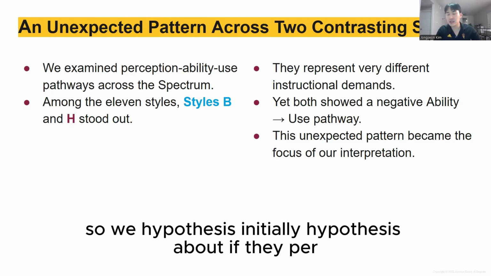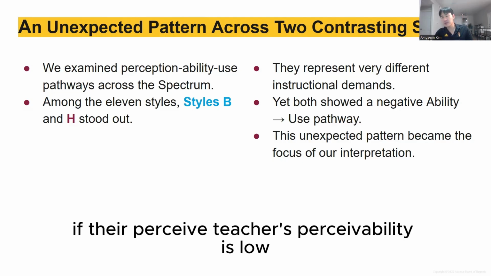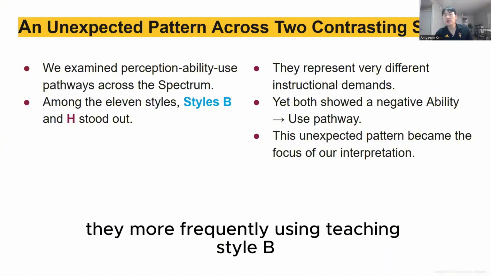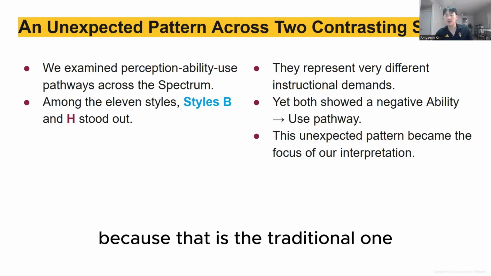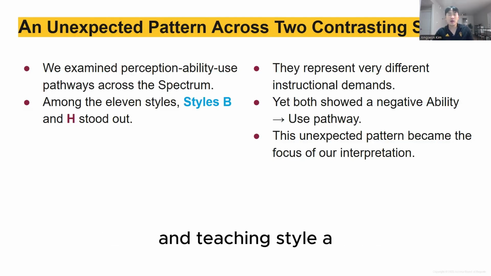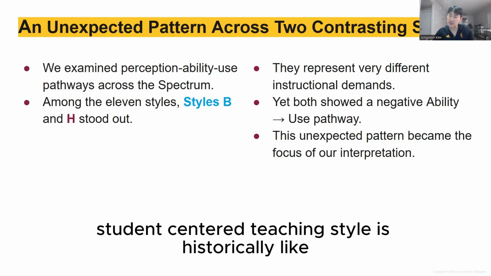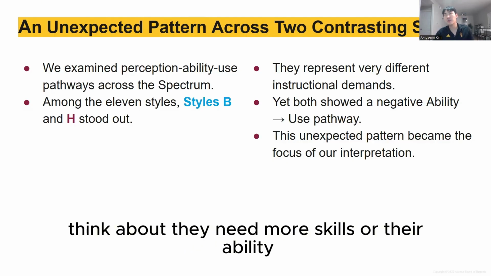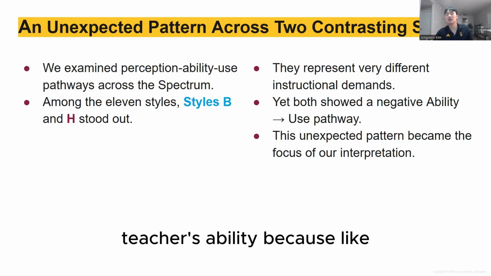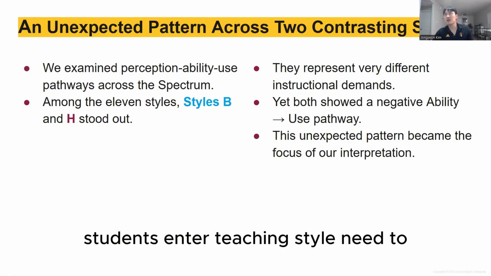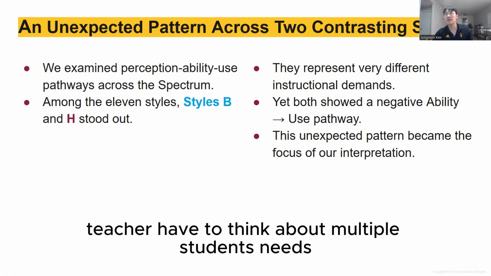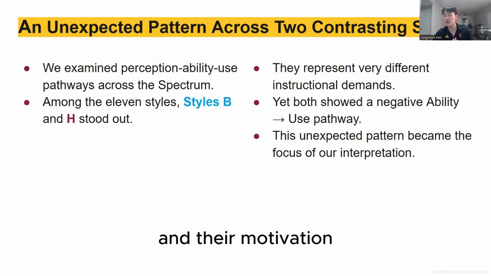So we initially hypothesized that if teachers' perceived ability is low, they more frequently use teaching style B because that is the traditional one. And student-centered teaching style is historically thought to need more skills or ability from the teacher, because the teacher has to think about multiple students' needs and their motivation.